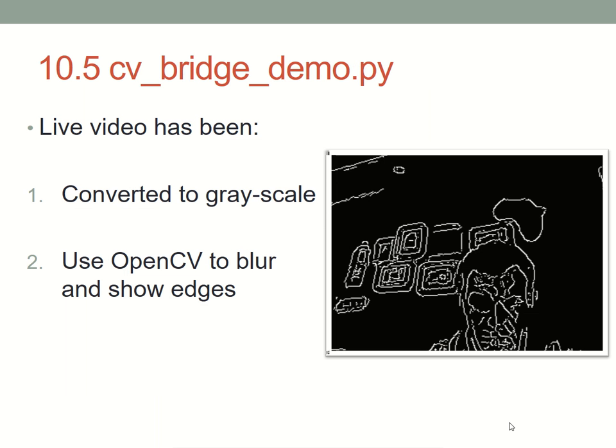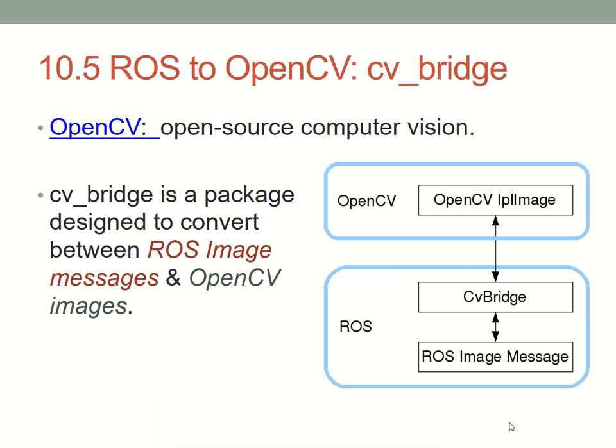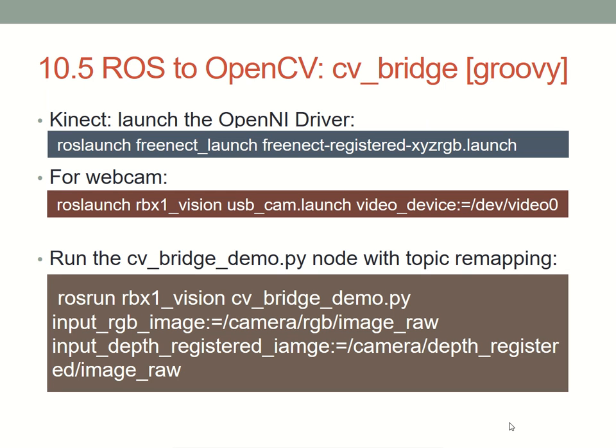And let's see, so we have the USB cam launch running here, and then we have a node called CV Bridge Demo.py. And the way we need to run it is a little bit like this: rbx1_vision, cv_bridge_demo.py. We need to do some remapping.